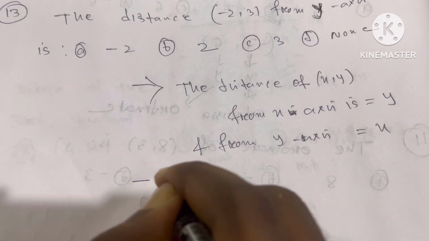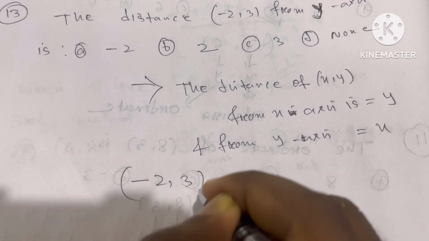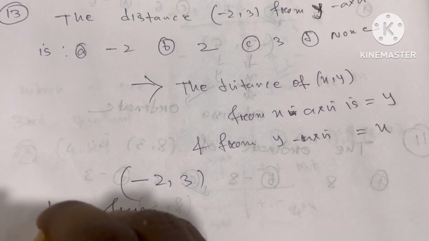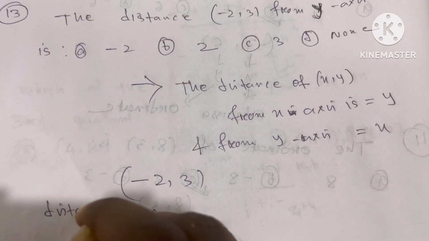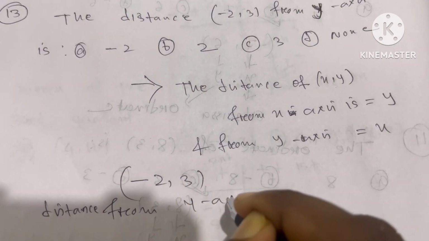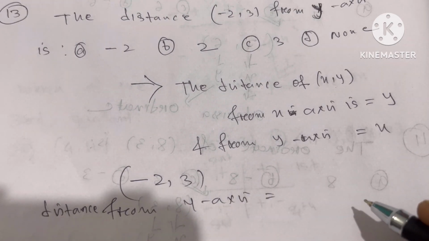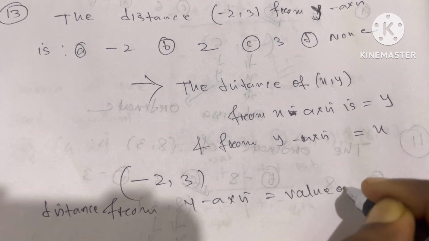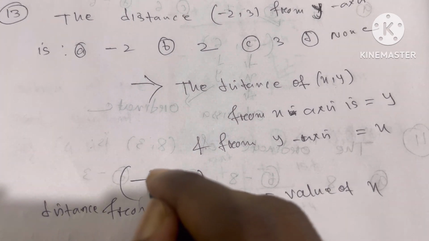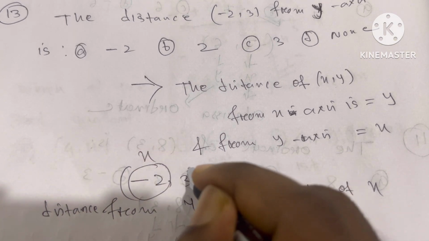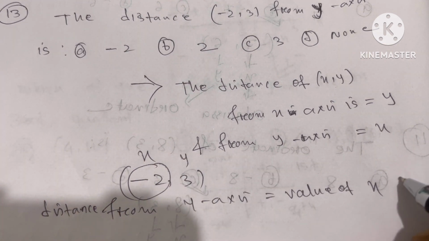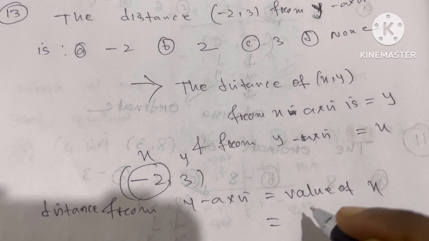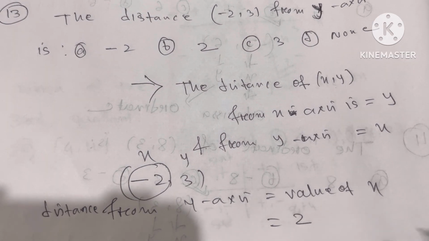So the distance of the coordinate minus 2, 3 from the y-axis is equal to the value of x. Here the value of x is minus 2 and the value of y is 3. The distance is the value of x, but distance is always considered positive, so we will not write minus 2, we will write 2 unit.